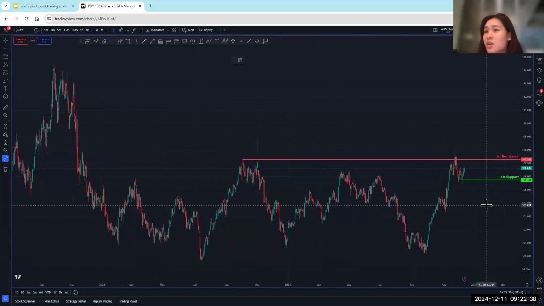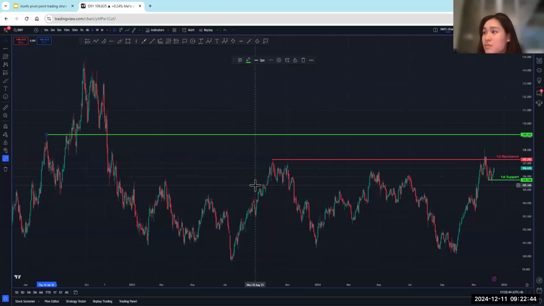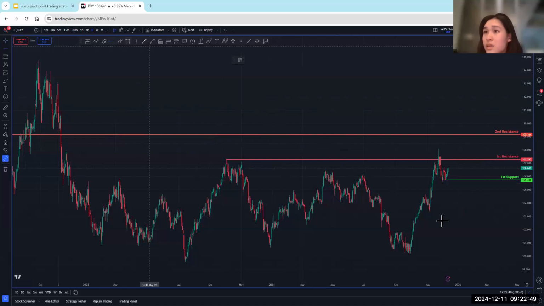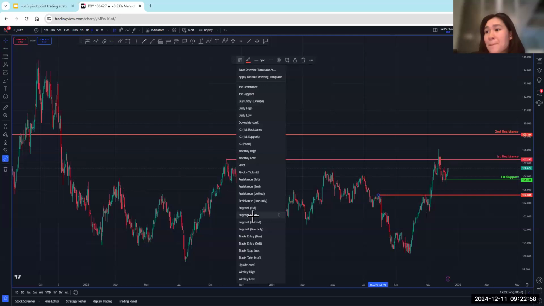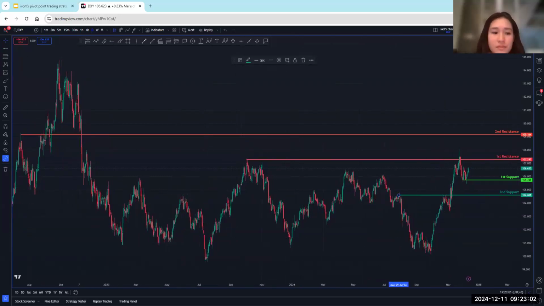Maybe as a second resistance just up here. And for my second support, maybe at this swing high. Okay, so this is on our daily time frame.